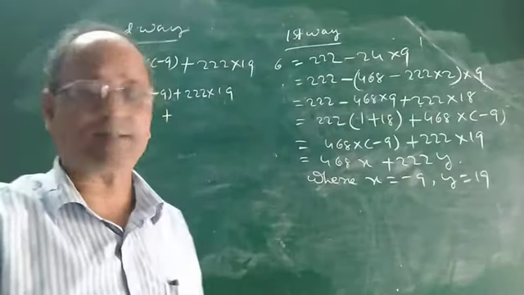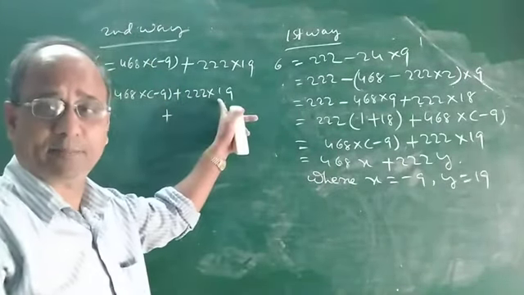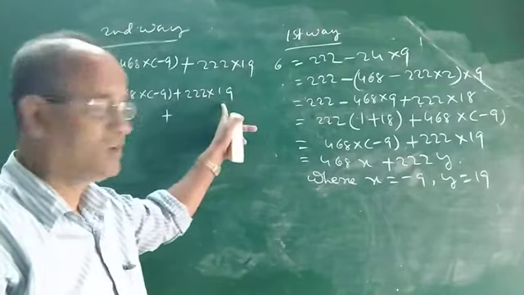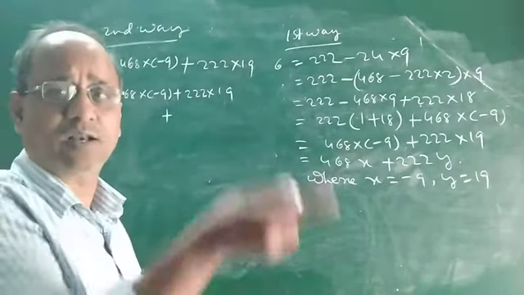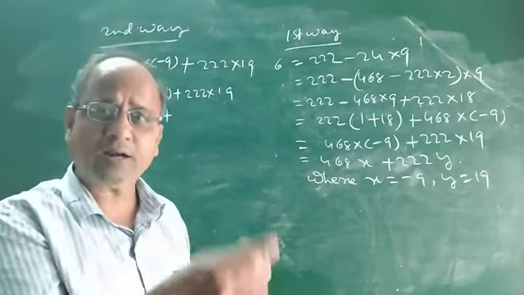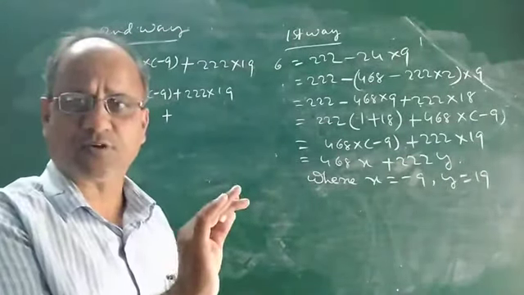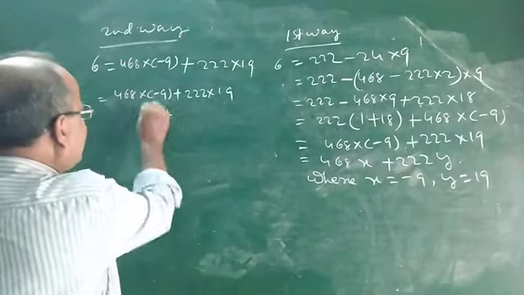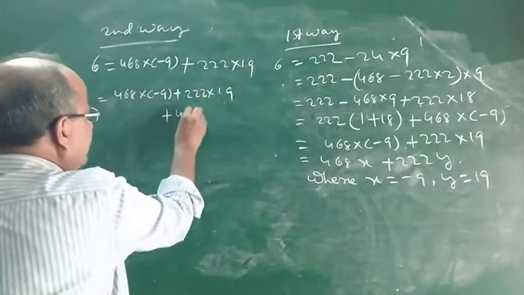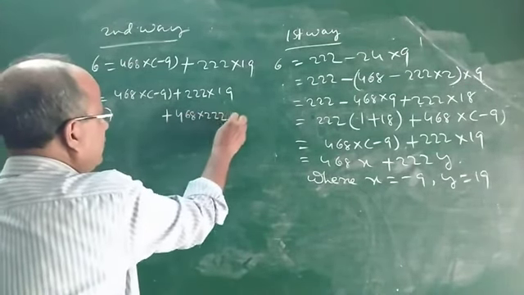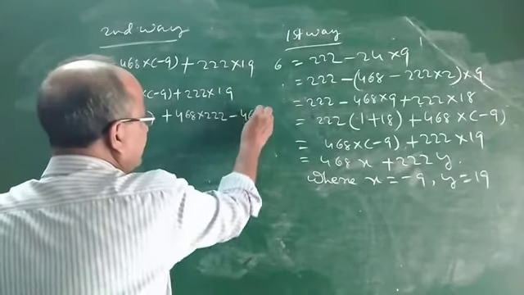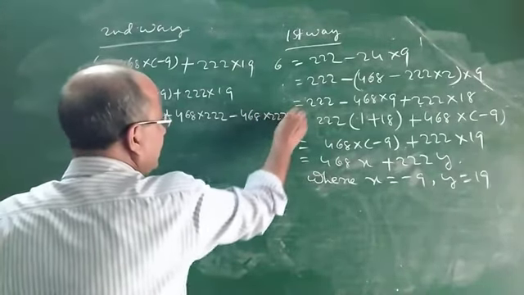That means the value of the expression will not change if we add and subtract the same number or the same term or the same expression. So let us add and subtract 468 into 222 minus 468 into 222.